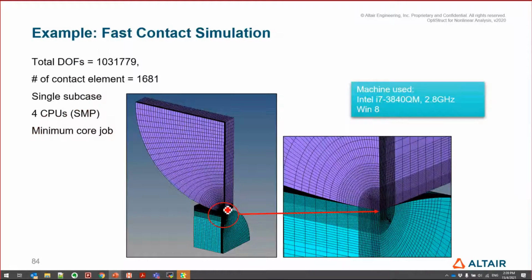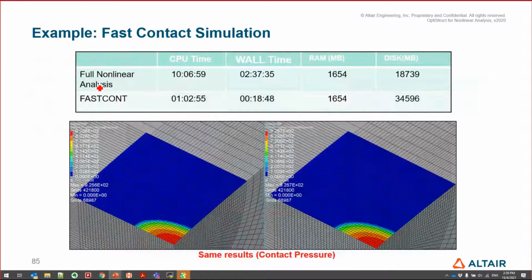So here's an example of this fast contact. It's just normal CPU. These are the elements, and we compare the full nonlinear analysis with fastcon. We have to look at the wall time.